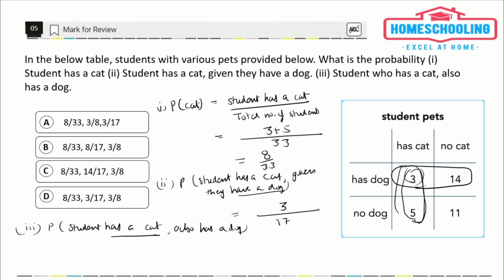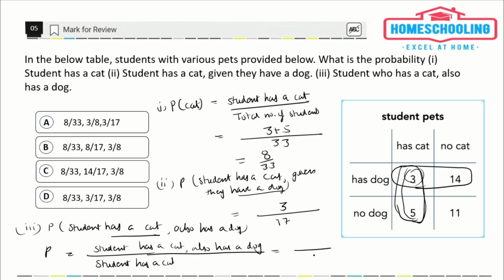So we will take this as the total number of possible outcomes. So what we can see is that students who have a cat are 3 plus 5, so the total is 8. And among these 8, only 3 of them have a cat and a dog. So the intersection is here. Only 3 out of 8. So the probability would be 3 divided by 8. So option D is your correct answer.